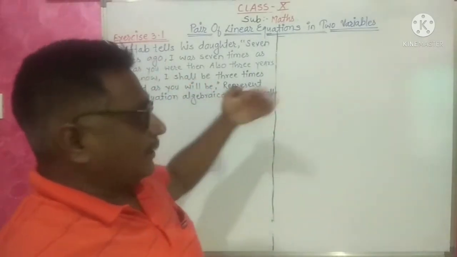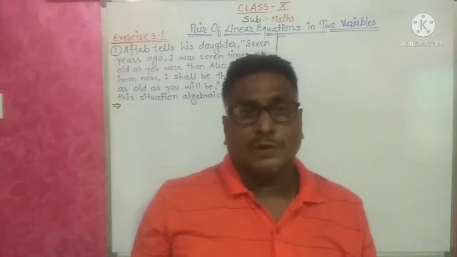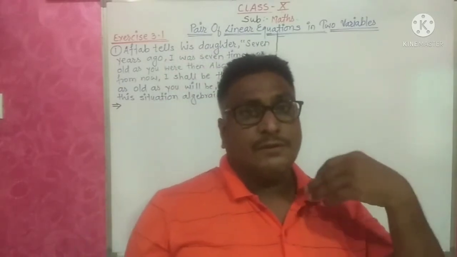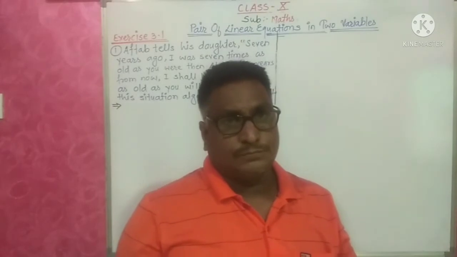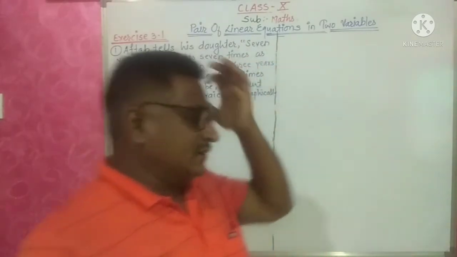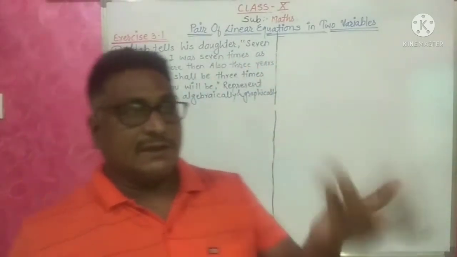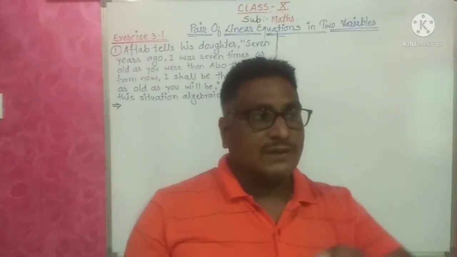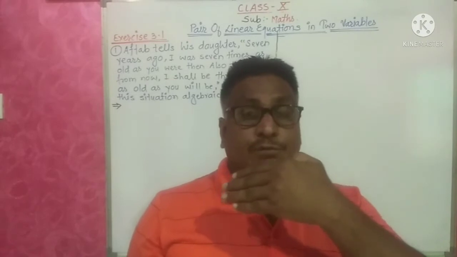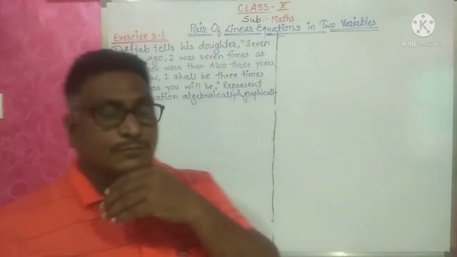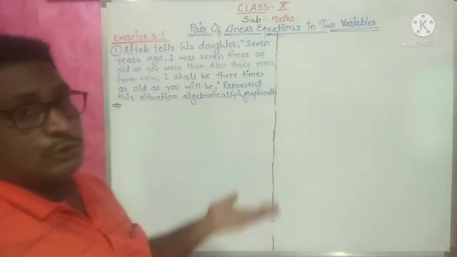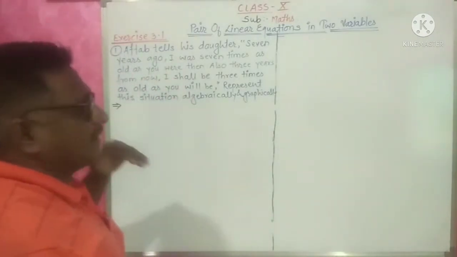After that I sent some photo clips showing what to use when. Words like times, increase, decrease, reduce: if these words are there, which sign do we have to use? That we discussed. Now how to solve the exercise, how to implement that.